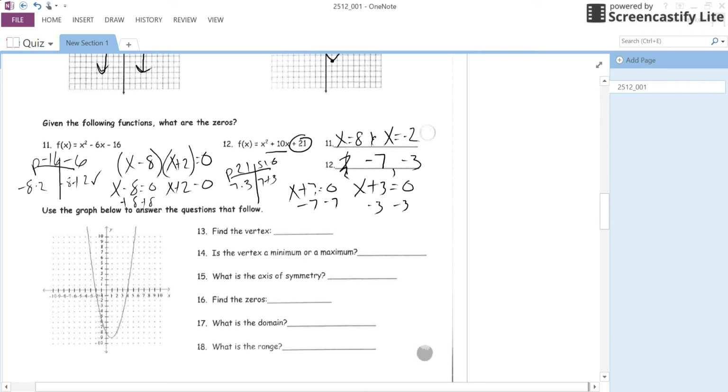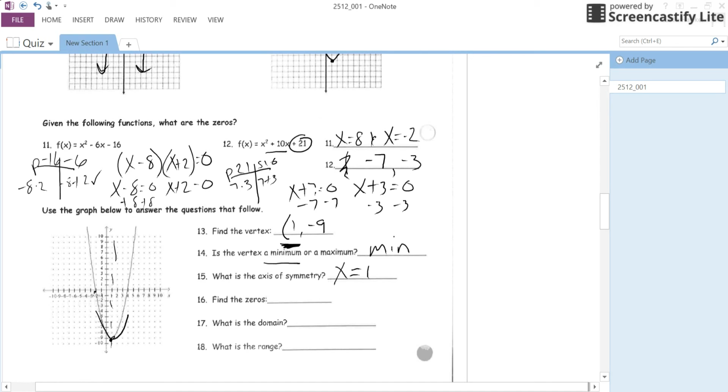All right, so my vertex for 13 is right here. So that's 1, -9. That vertex is a minimum since there's a lowest point there, min. Okay, the axis of symmetry is this vertical line that goes down through there. It's going to be x equals 1. I can also just get that from right here.